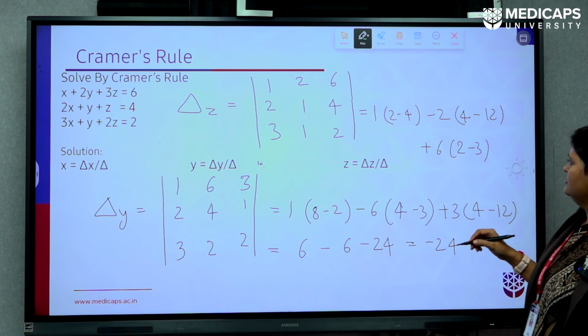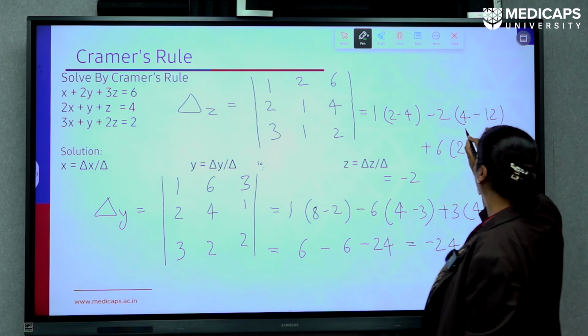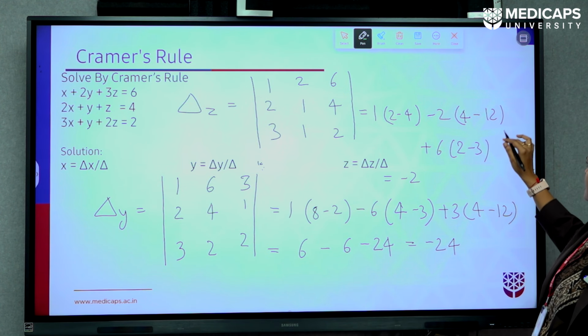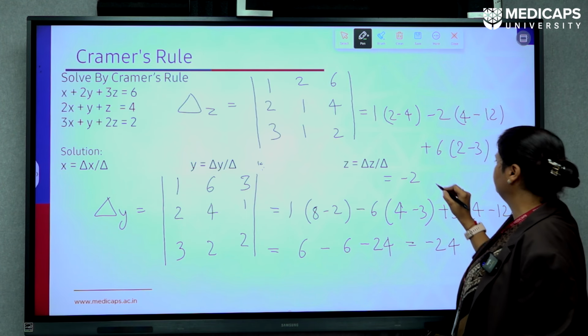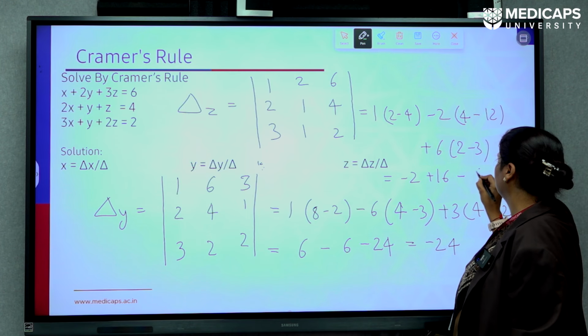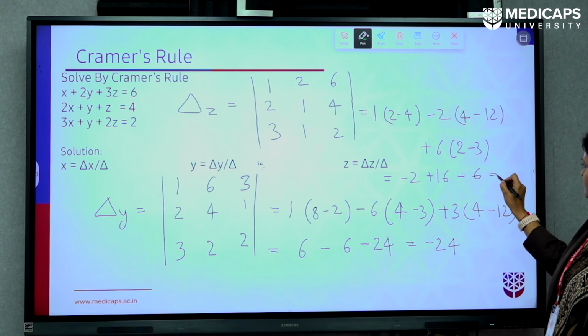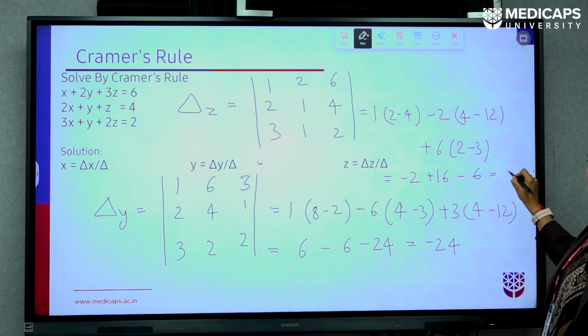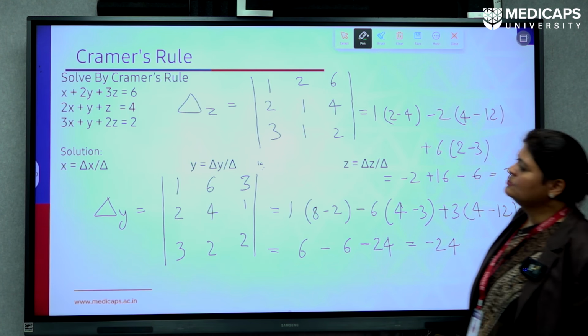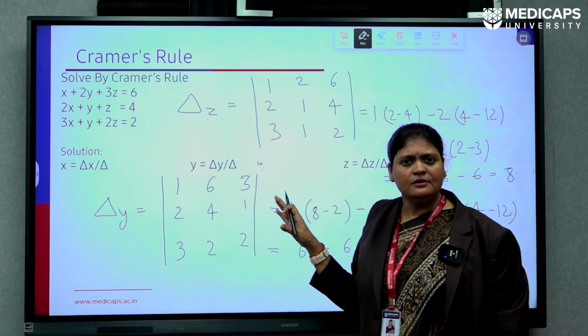So calculating this, we have 2 minus 4 is minus 2, 4 minus 12 is minus 8, 8 into 2 is 16, 2 minus 3 is minus 1, it is minus 6. So calculating this, we get 8. So here are the values of del z and del y, and we have calculated del x and del.